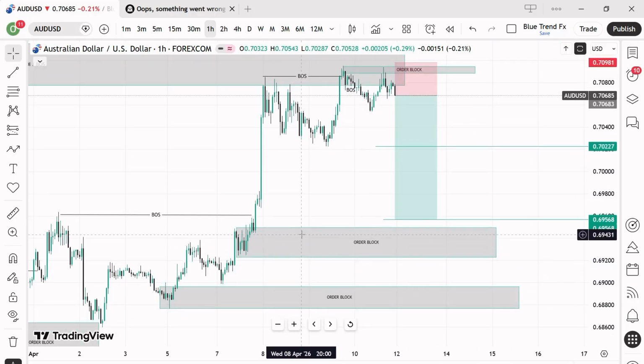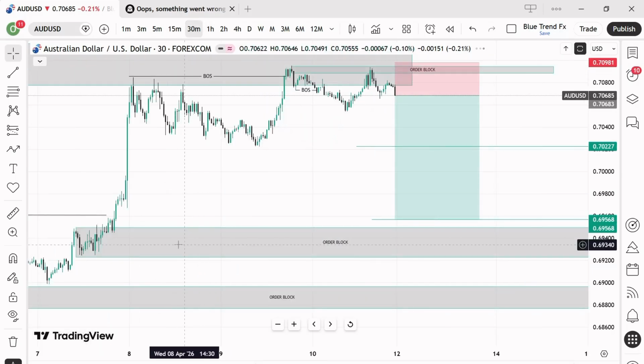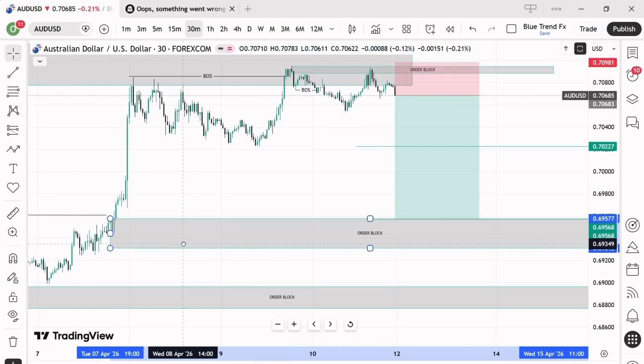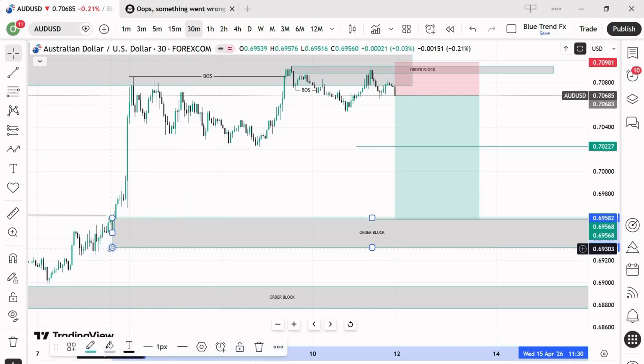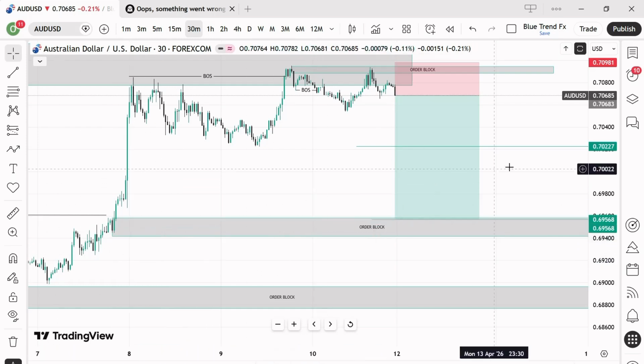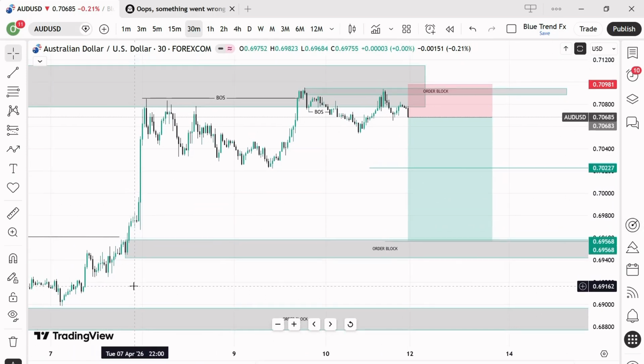So with our 30 minutes being our entry time frame, if I'm to refine this, I'll be refining this to this level right here, which is where we'll be taking our final TP for the sell.